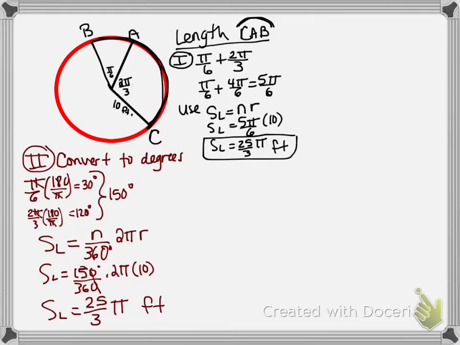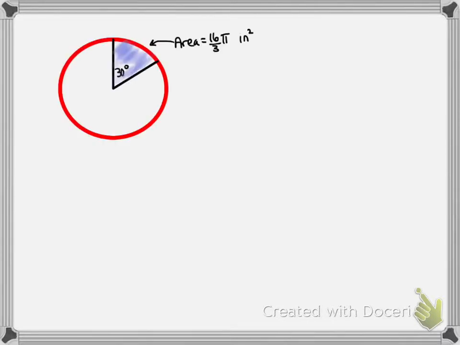Now let's look into area. Let's say you're given a problem where they give you the area and ask you to figure out the radius. You're going to use the formula for the area of a sector, which is n over 360 pi r squared.